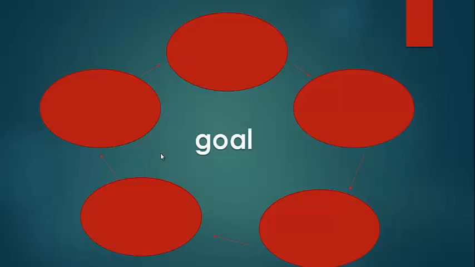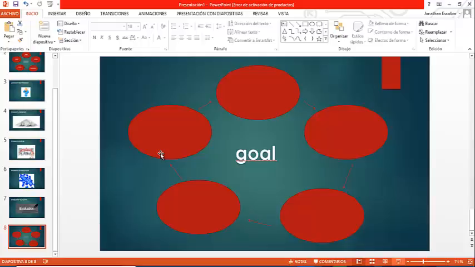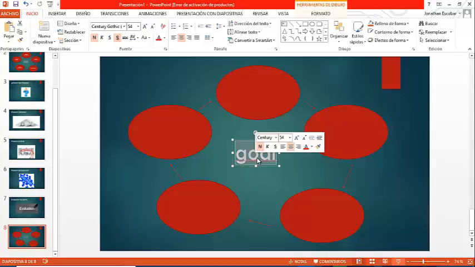Well, we're going to start the tutorial, and in the central part we're going to explain the goal. What is the goal? In this case, we're going to put student success.